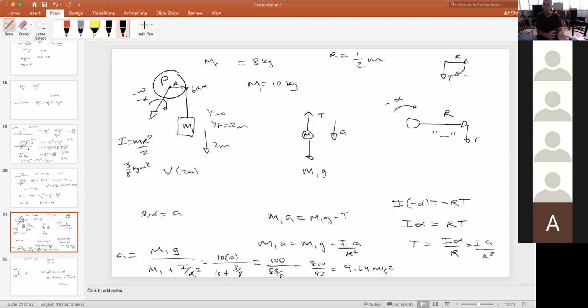This is exactly what we do for, I'm sorry, not for energy. This is exactly what we do for the free body problems that you did way back in 5 and 6, although now you're going to have to include the torques, and you're going to have to relate the torques to the tensions basically.